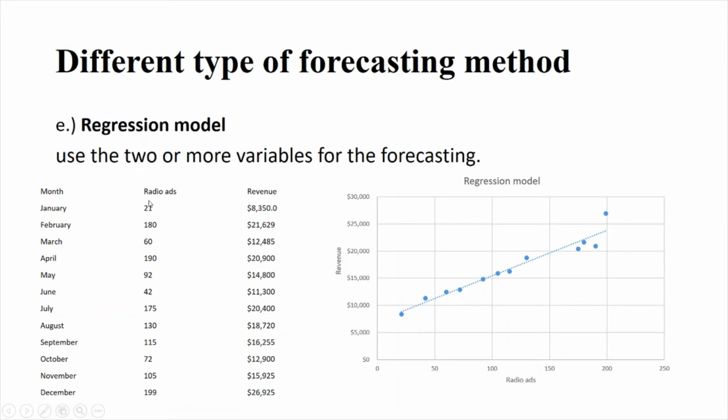Here we can see that as radio ads increase, revenue automatically increases. Then the radio ads and revenue are related with each other, so we can relate them using the regression model. So the regression model is a very useful forecasting method, and this is also an accurate forecasting method.